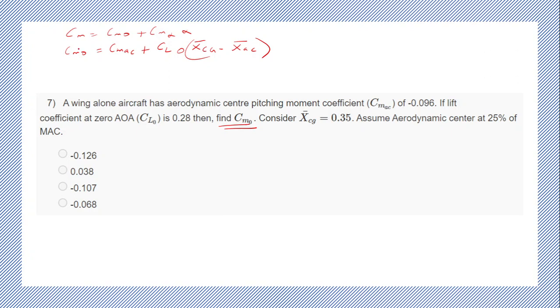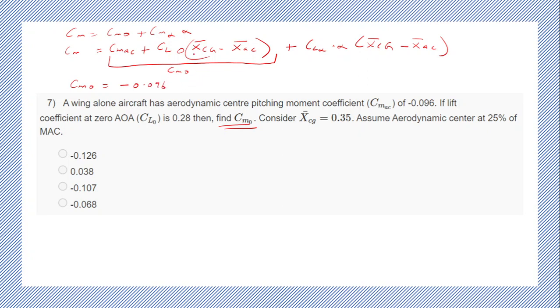Let me write this down. It should be plus Cl0 into x bar Cg minus x bar AC. So this term is your Cm0. Cm0 is CMAC, and CMAC here is minus 0.096.